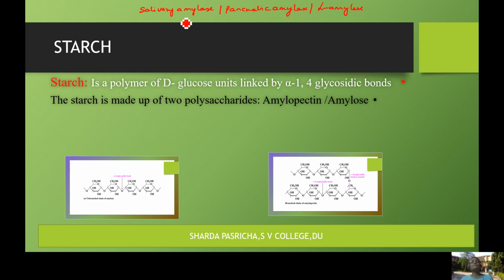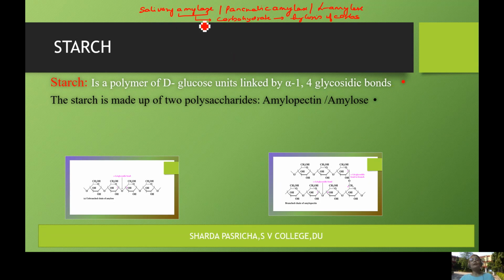All these enzymes, I told you last time, are enzymes which are acting on carbohydrates, and they are responsible for the hydrolysis of the carbs. Okay, that is by the name amylase.